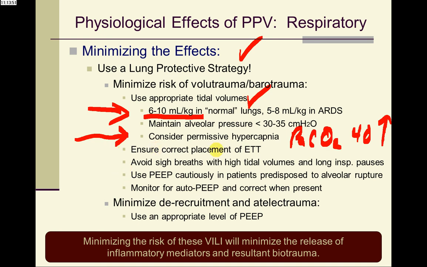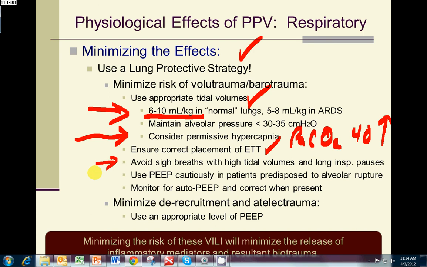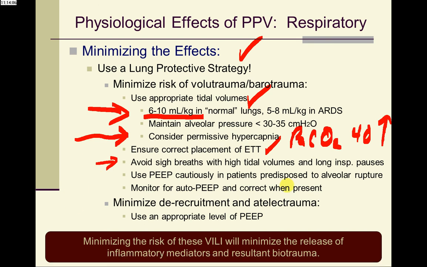All right, make sure the endotracheal tube placement is correct. We're going to do that all the time. Avoid these sigh breaths, those a little bit larger type breaths, and we do that with specific modes like airway pressure release ventilation. Okay, and we can use PEEP appropriately, and that's a difficult thing to do.